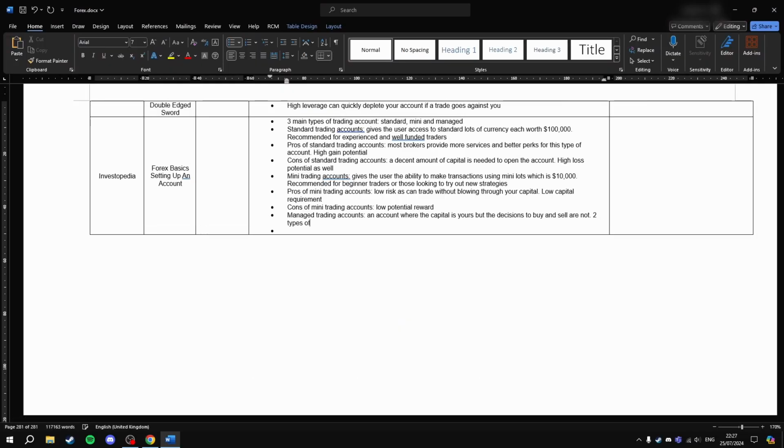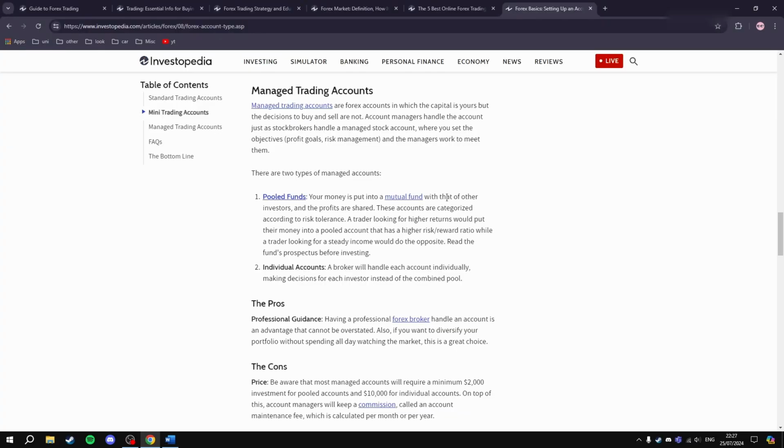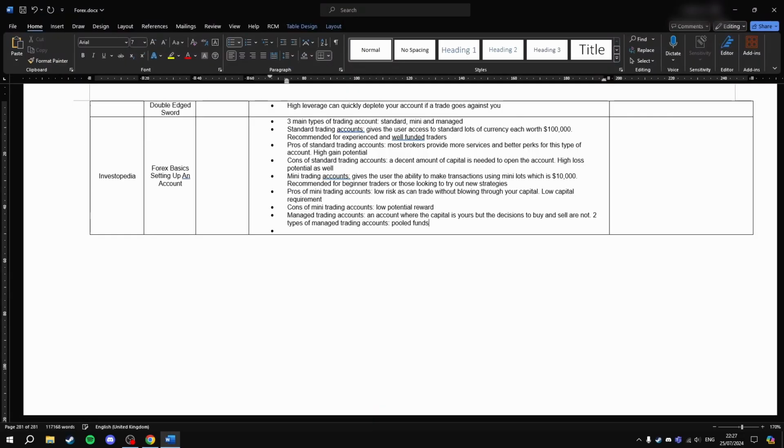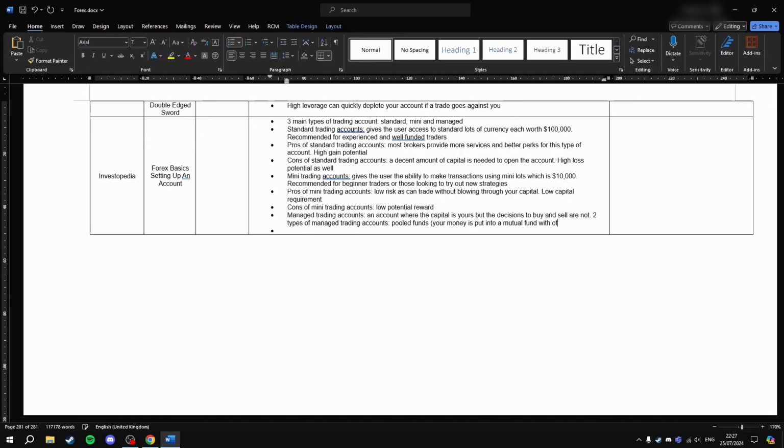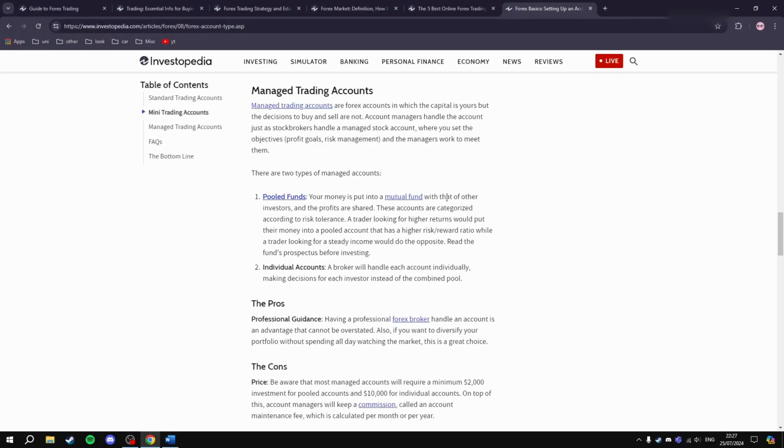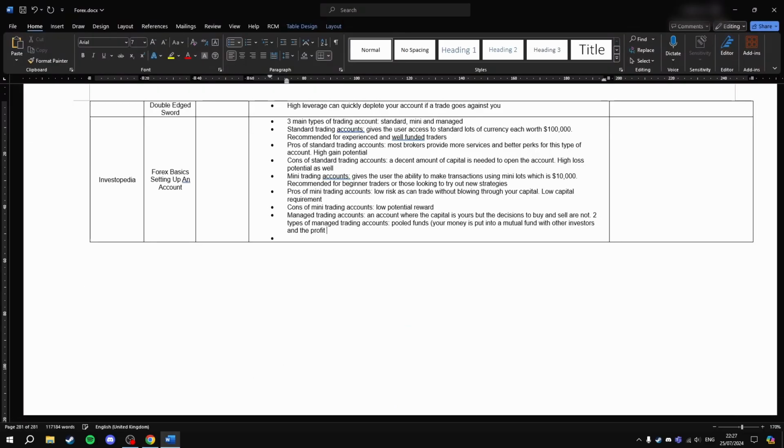Two types of managed trading accounts. So we've got pooled funds. So your money is put into a mutual fund with other investors and the profits are shared.